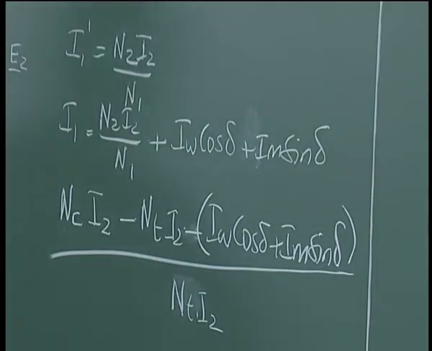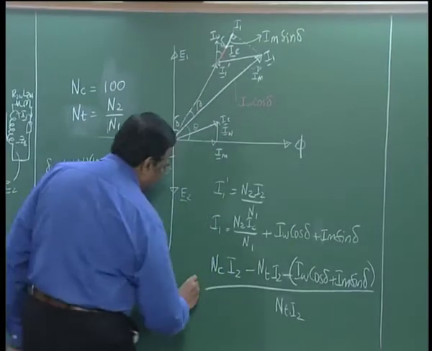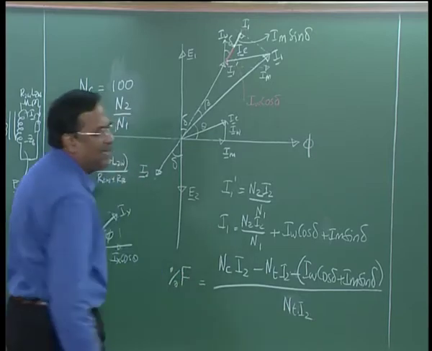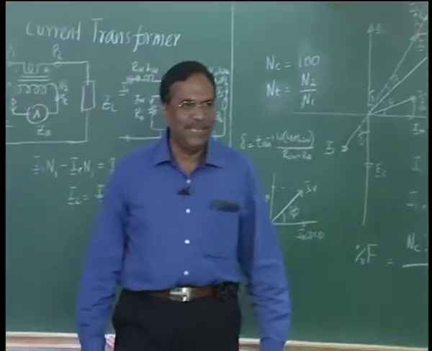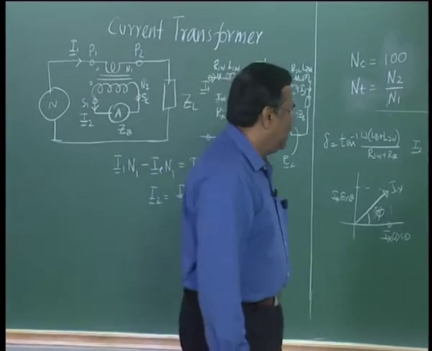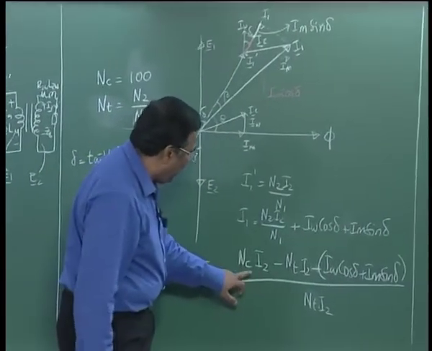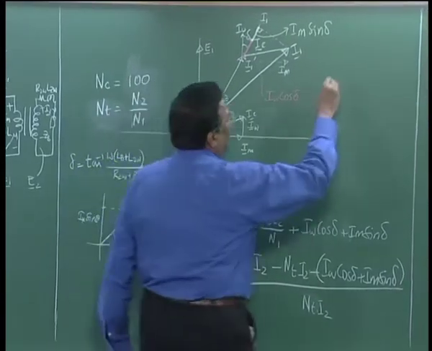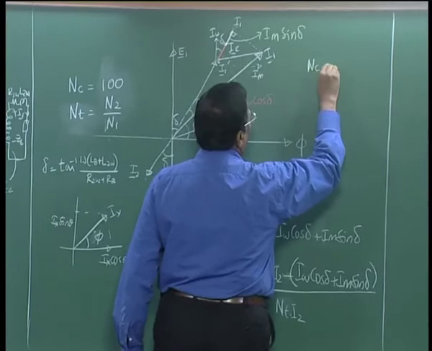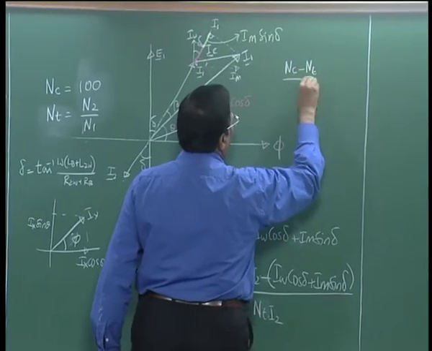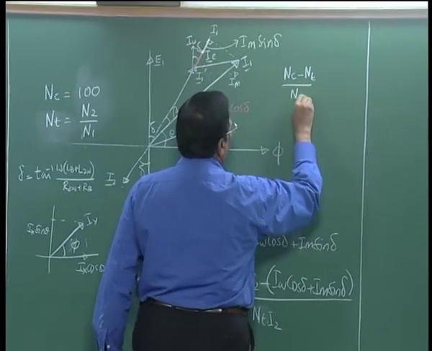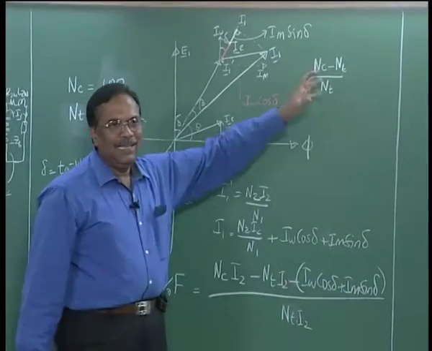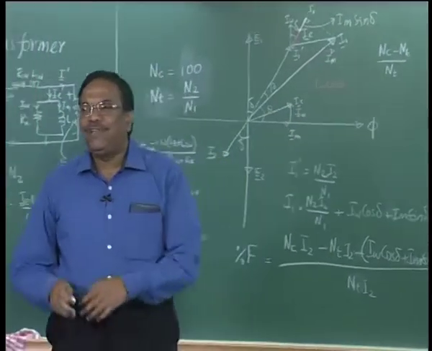So, now I can rewrite this as, this is ratio error, this is percentage F. Please remember, we decided to call the ratio error as percentage F, right. So, this would be NC I2 minus NT I2 by NT, right, NC minus NT by NT, or NC, the denominator NT and NC have to be very close, I told you, right.